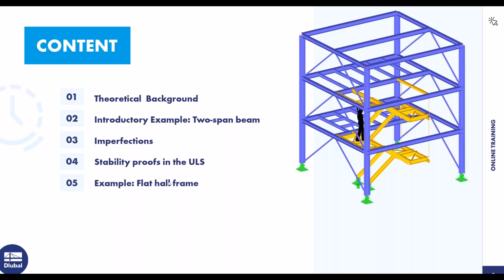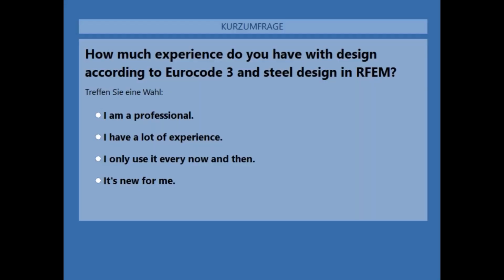Okay, before we start, I would like to ask you something with a survey. Just a moment. So, I started. Just click on the point that is valid for you. The question is, how much experience do you have with design according to Eurocode 3 and steel design in RFEM?